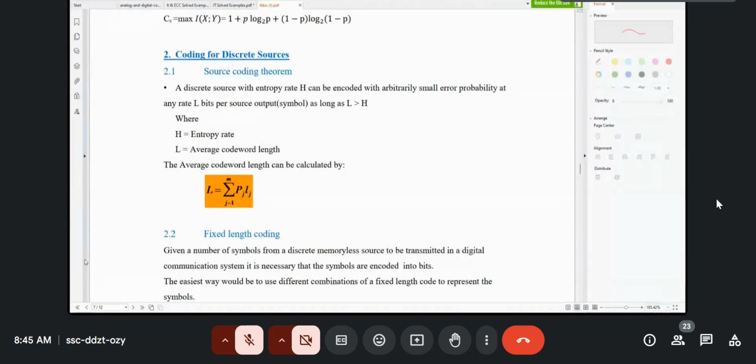So what does it do first? I think it samples first, and then it quantizes, and then codes. And then codes. Very good.